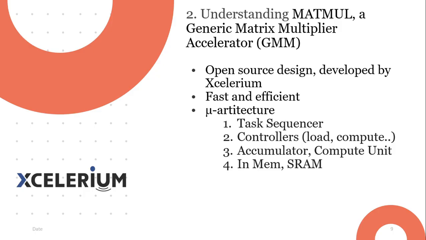The SRAM can also be written back into a file, which makes it like permanent storage. The controller was used to control the flow of the program: when to load, when to compute, and when we are done computing and have to write back. We have the architecture, but unfortunately we cannot show it because their project is still not completely open source. We have a restriction on showing that, but I hope this slide gives you the basic idea of the important things in their architecture.